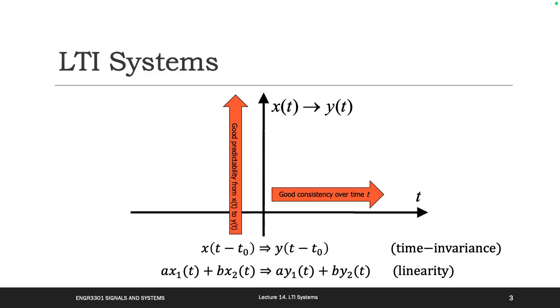If you know x1(t) results in y1(t) and x2(t) results in y2(t), you can combine them together in different linear forms, and you can easily get the output based on the input. This is the linear property, which means it has a good predictability from x(t) to y(t). Am I right? Any questions so far?